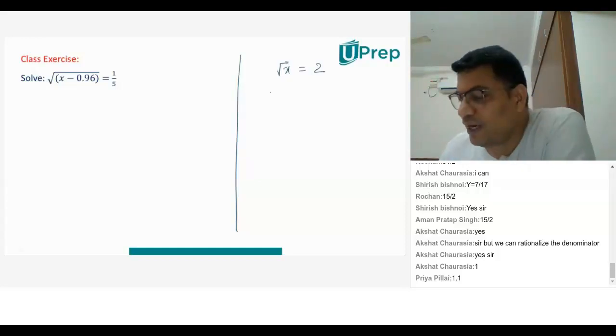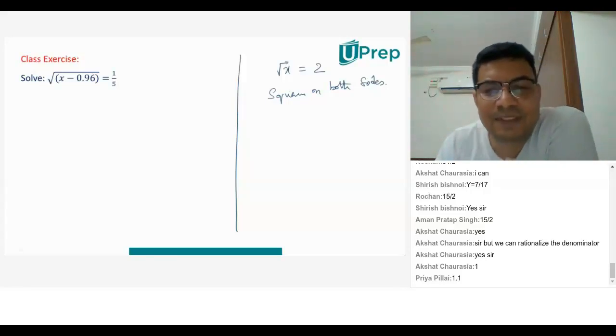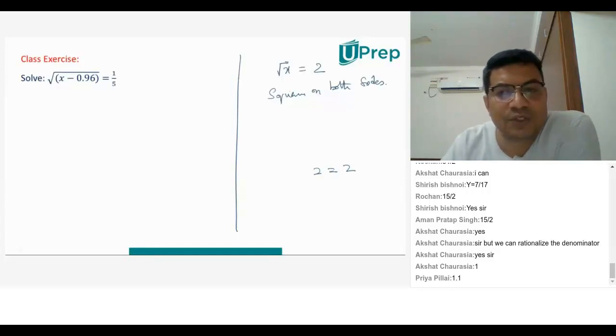So there's a fundamental which we call squaring on both sides. Now, let's quickly learn, does the value of the number change if we square on both sides? Let's take some examples. Can I say 2 is equal to 2?